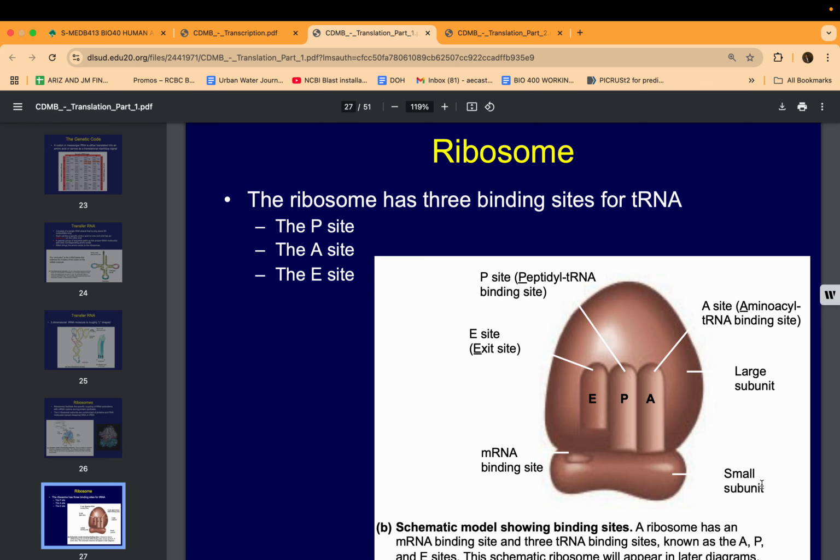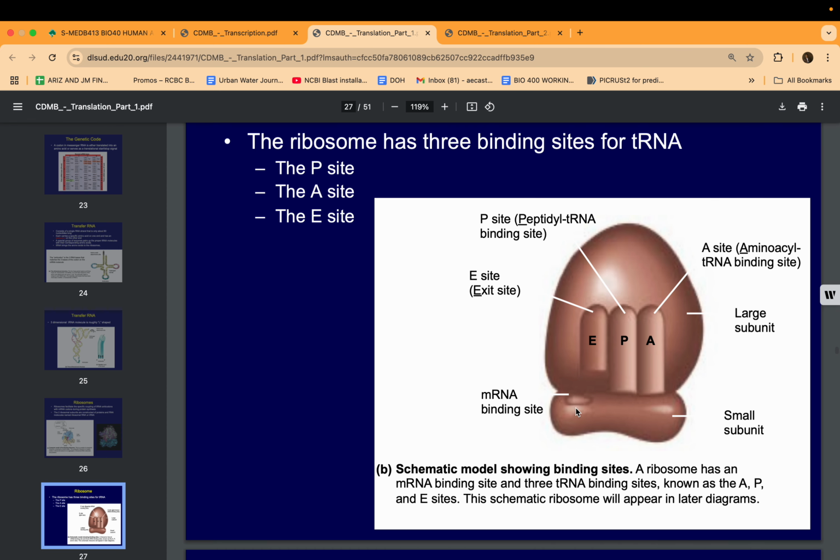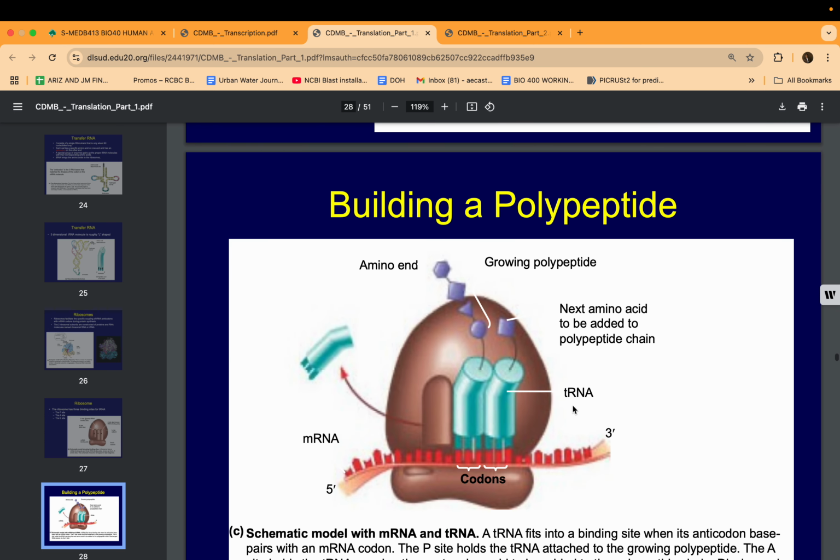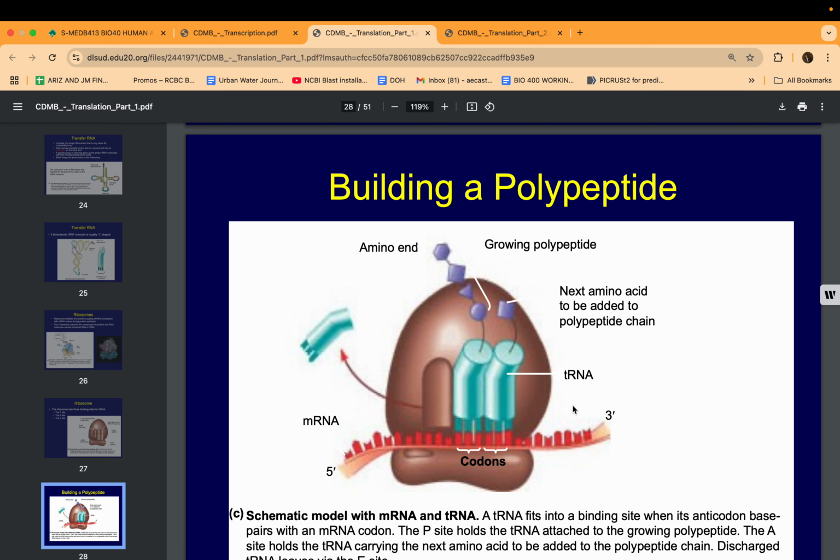The small subunit of the ribosome has the mRNA binding site. The tRNAs that have been used up, once their amino acids are attached to the nascent polypeptide, will be ejected from the complex.